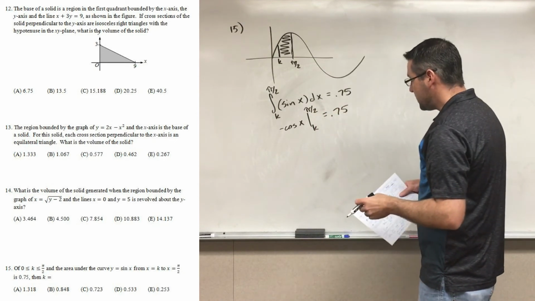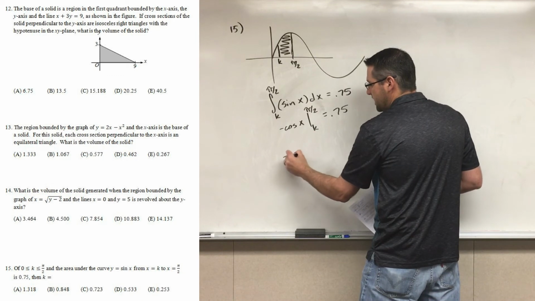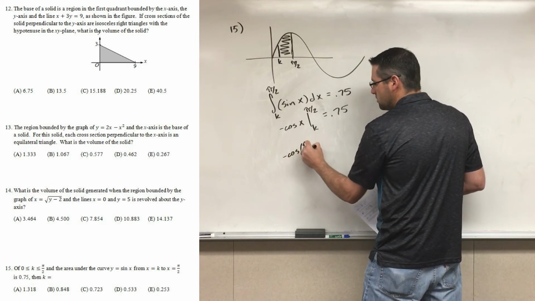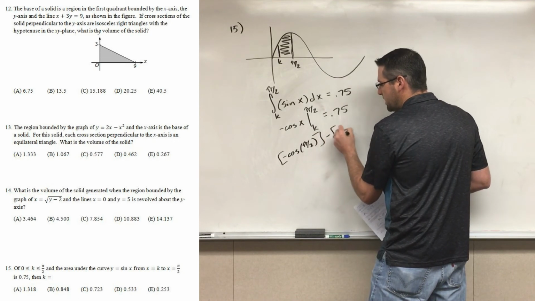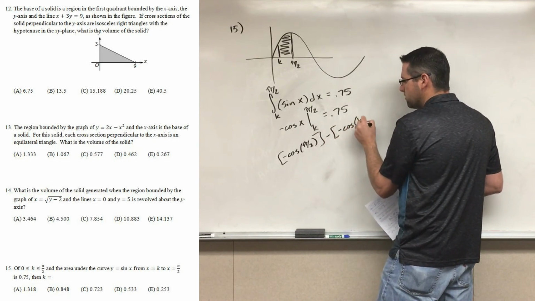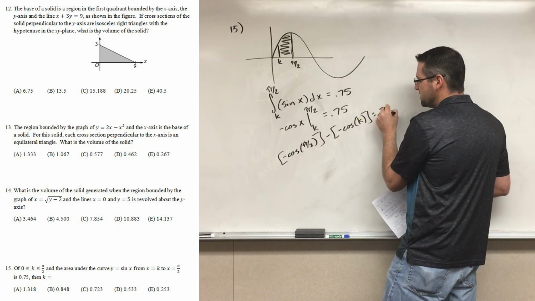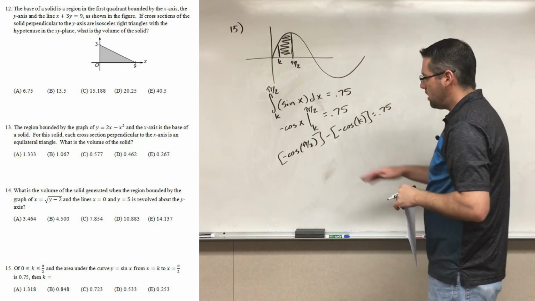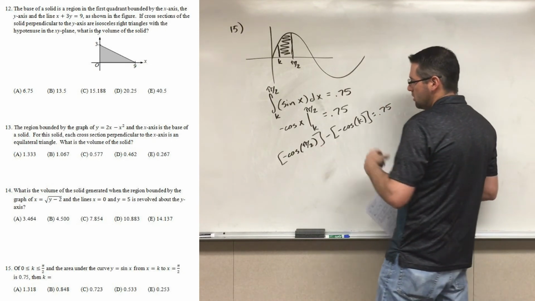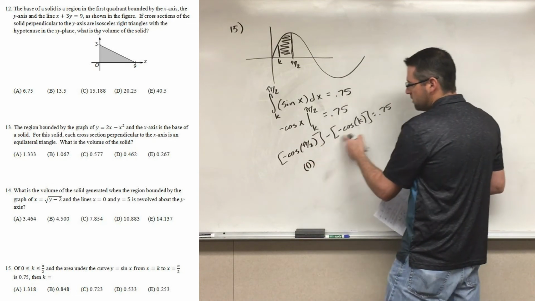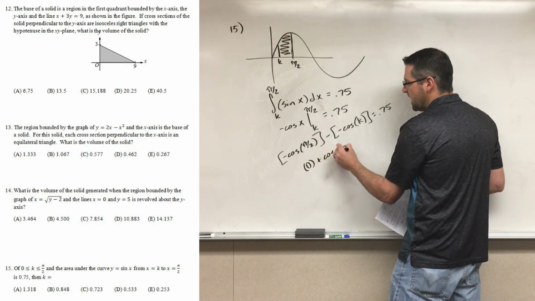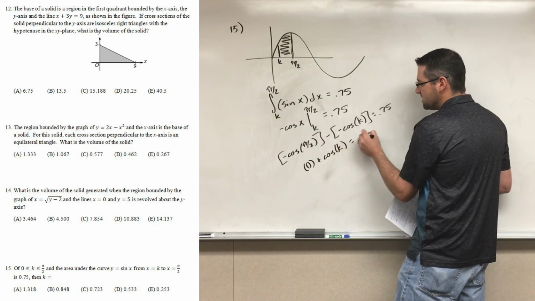All right, and then we'll plug in our upper bound, so it's negative cosine of pi over 2 minus negative cosine of k, and that's equal to 0.75. Cosine of pi over 2 is 0, so we get 0 here. This will turn into plus cosine of k, and that's equal to 0.75.